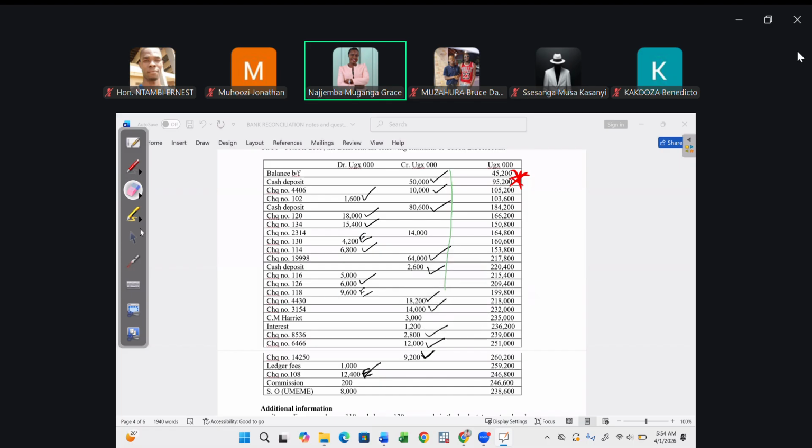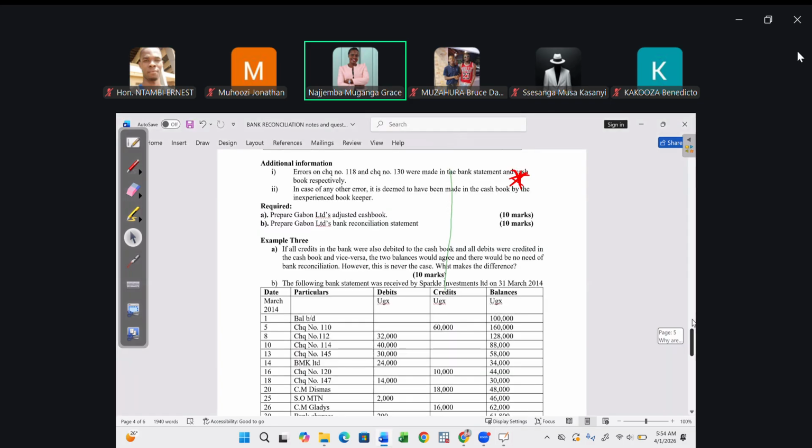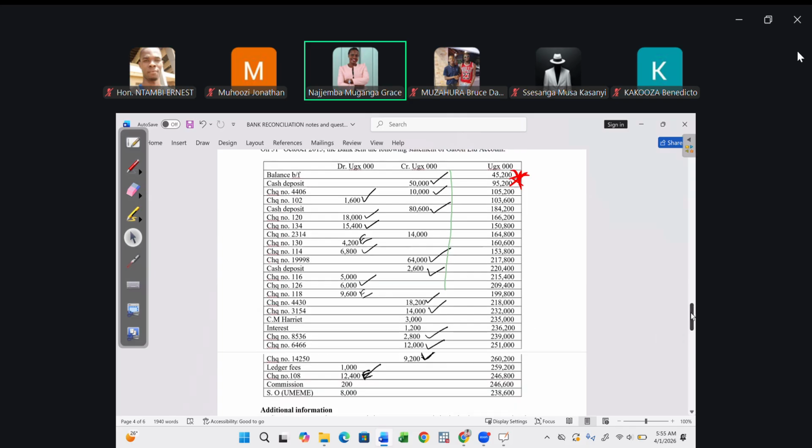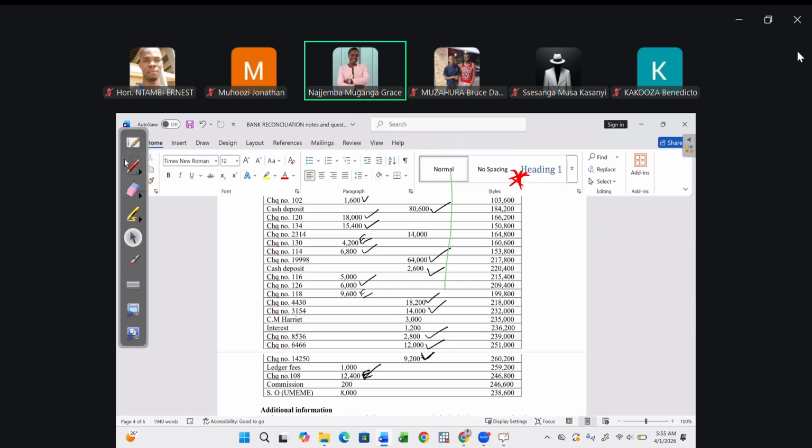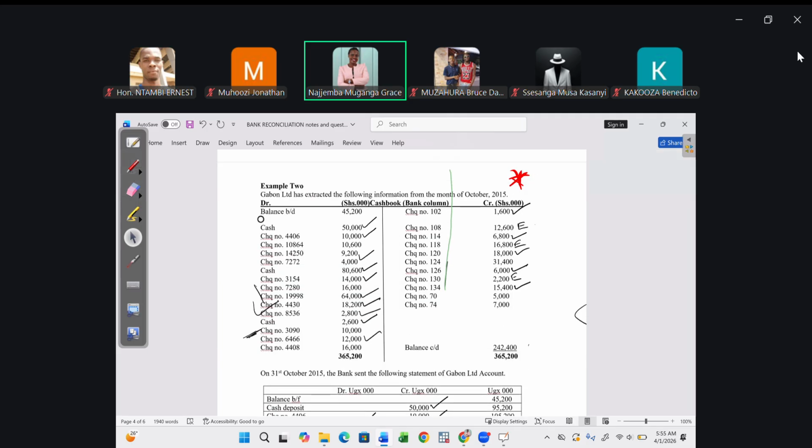So we move to the bank statement here. What are the unticked items? Are you seeing this check number?